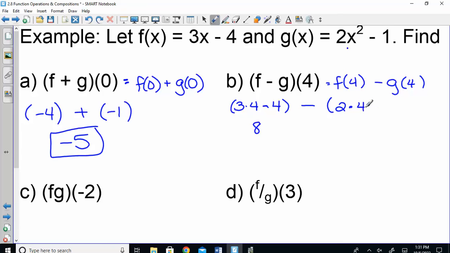So 2 times 4 squared minus 1. So 4 squared is 16, times 2 is 32, minus 1 is 31. So 8 minus 31, -23. You guys do C and D for me.